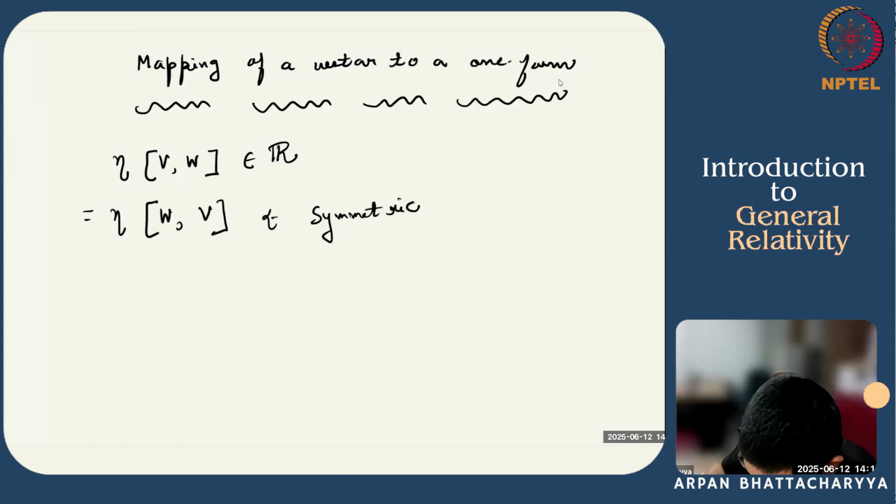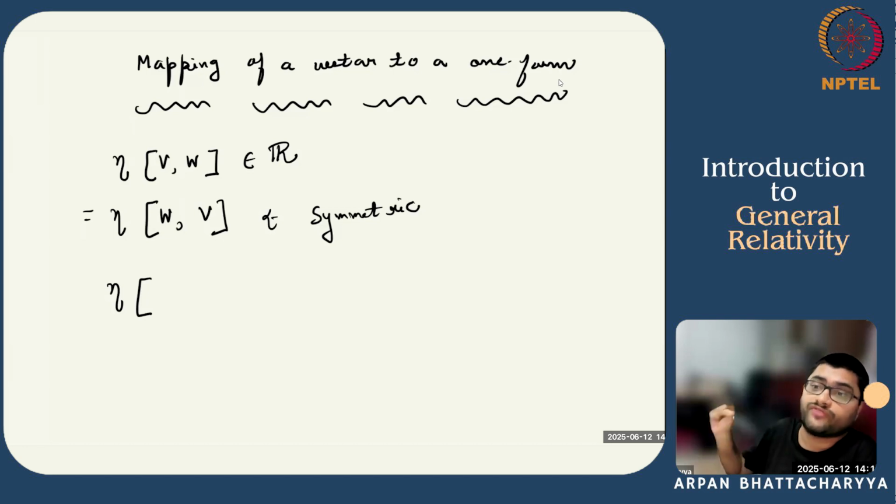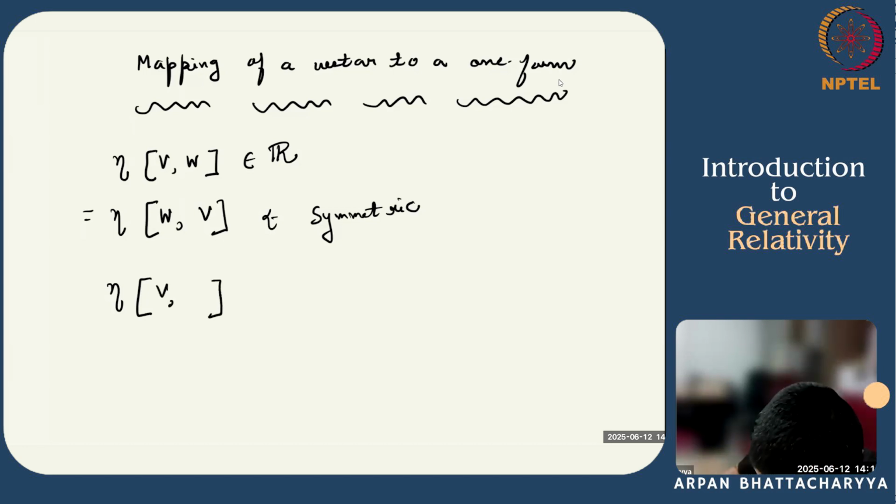So this gives that it's symmetric. Now, of course, this gives you a scalar, but let us ask the following question. Suppose we have eta and we supply it with only one vector. Then what is the resulting object? It doesn't matter which slot we put v in because it's symmetric.